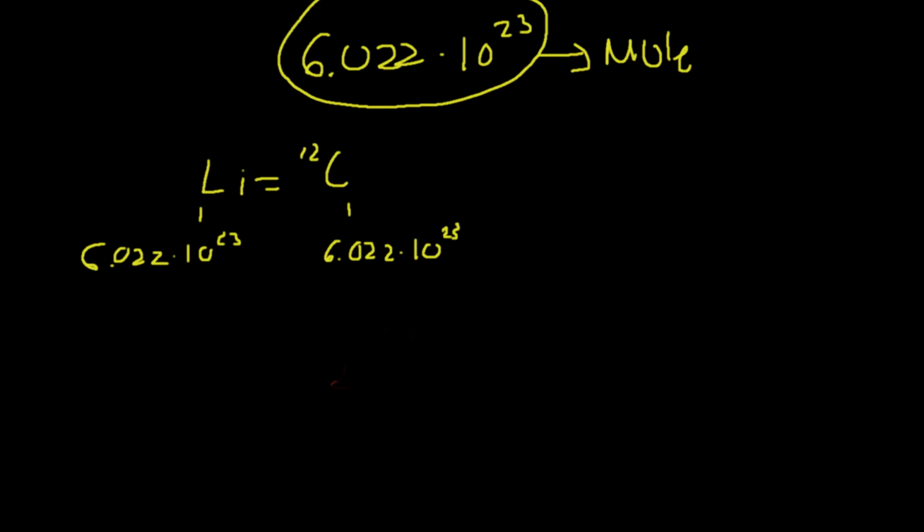So if we have something like hydrogen, oxygen, let's say boron, and let's say fluorine, these are all going to have different masses, but they're all going to have the same amount of particles, which is 1 mole.